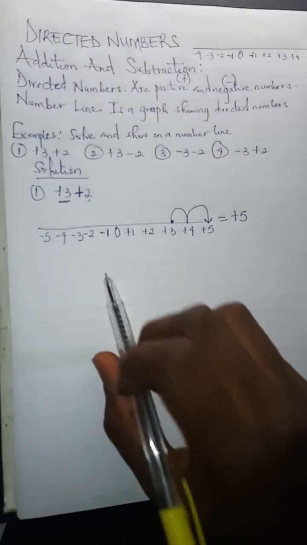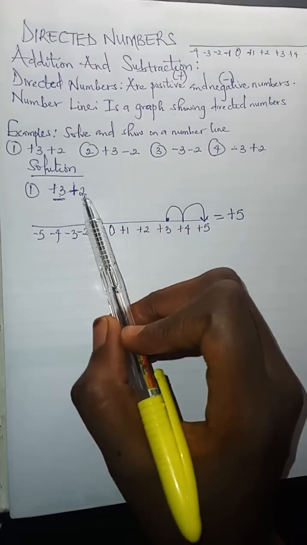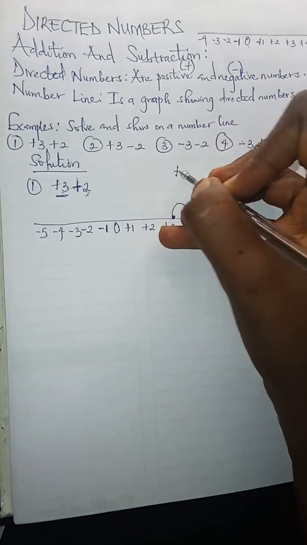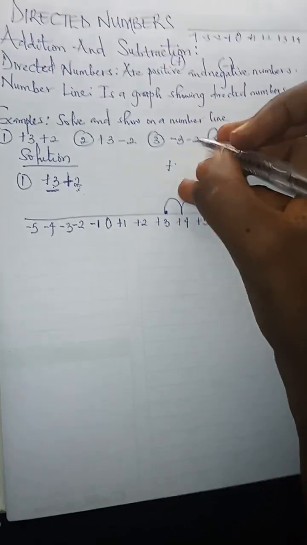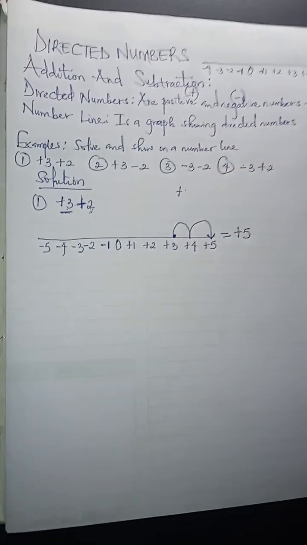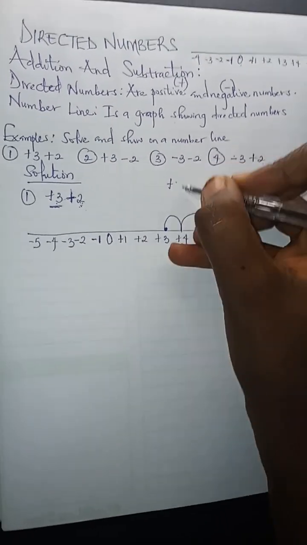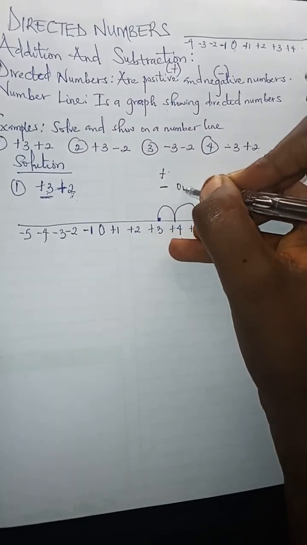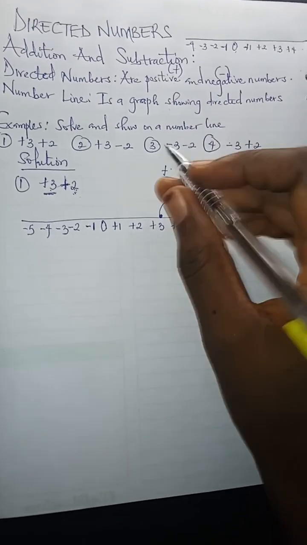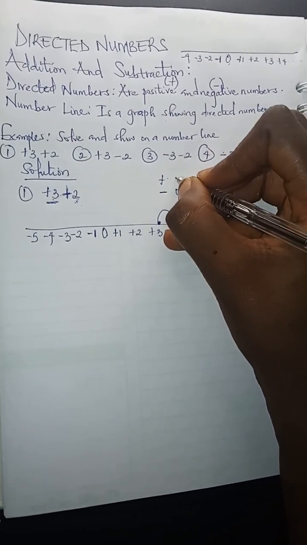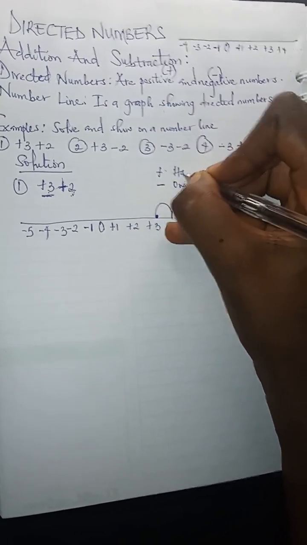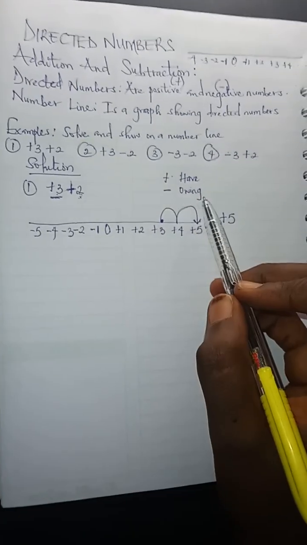In a layman's language, to explain this, plus 3 plus 2 means plus is what you have. Plus is the amount of money you have on you, while the minus means you're owing, which is a negative. But plus is what you have, okay? While the minus is what you're owing.